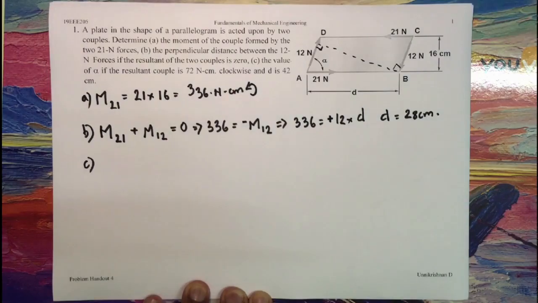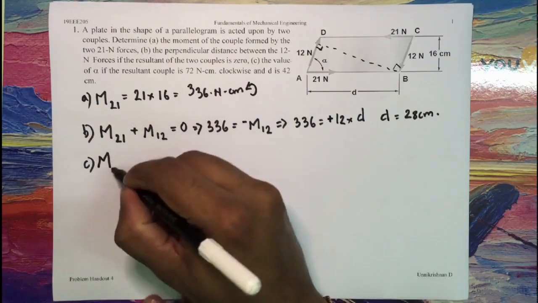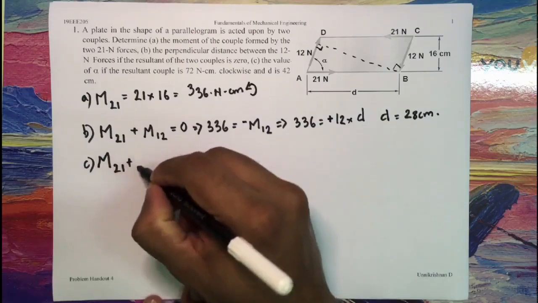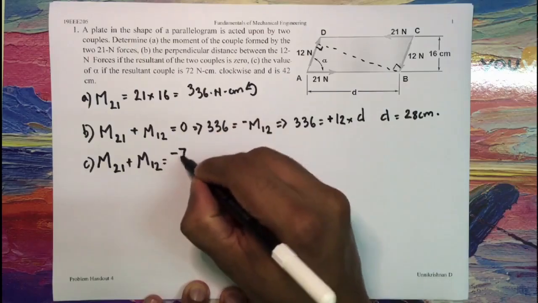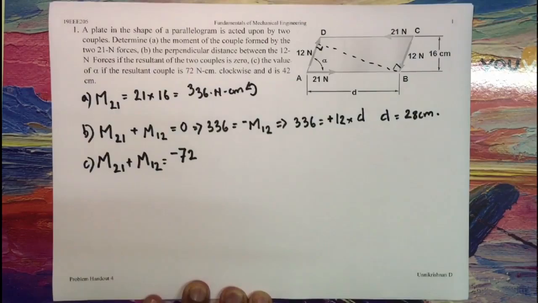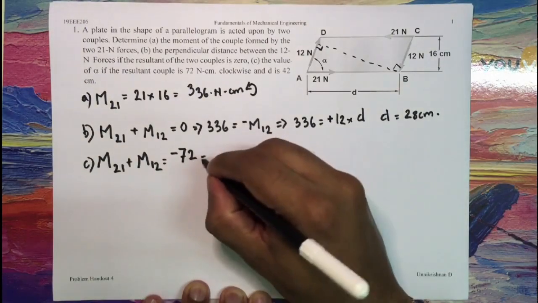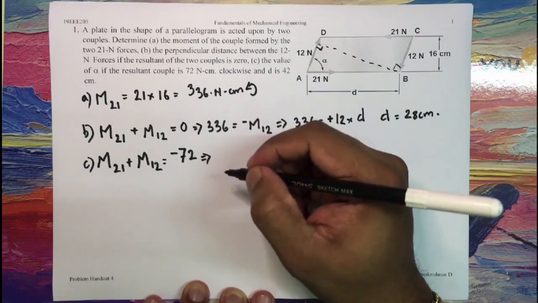To find that, I can again use the same thing. M21 plus M12 should be equal to minus 72 Newton centimeters. So I have to use the formula F D sine theta.